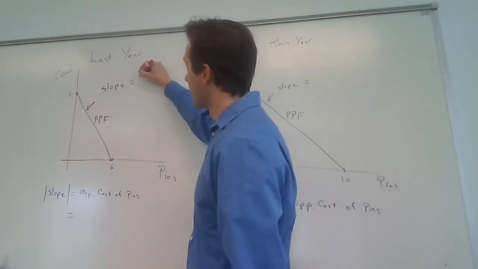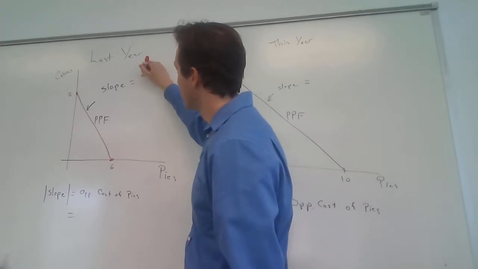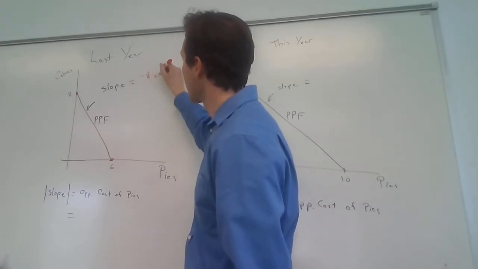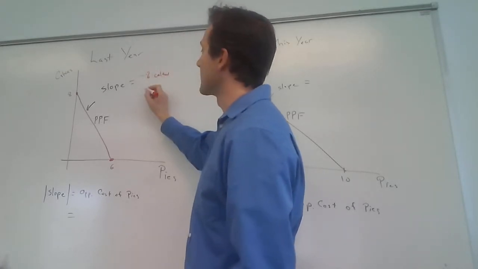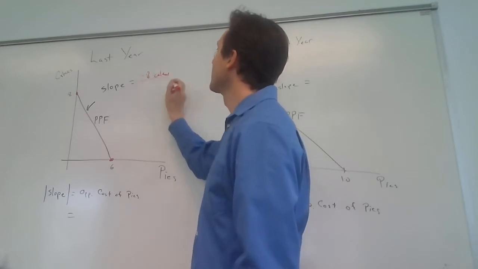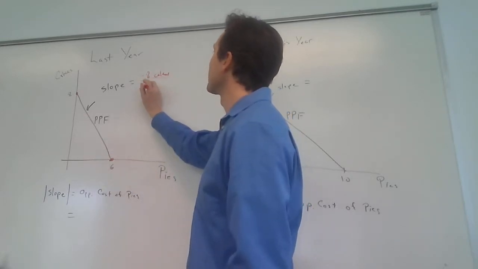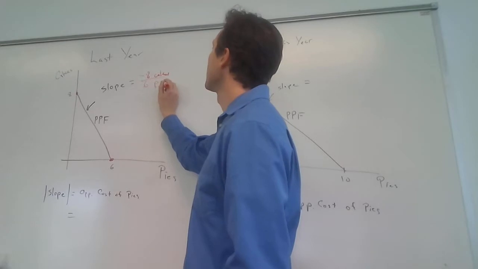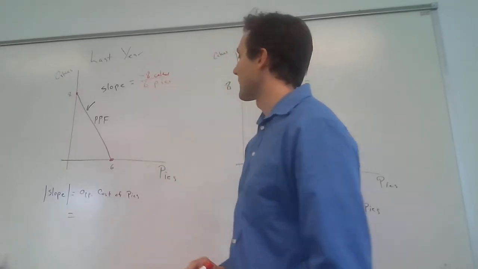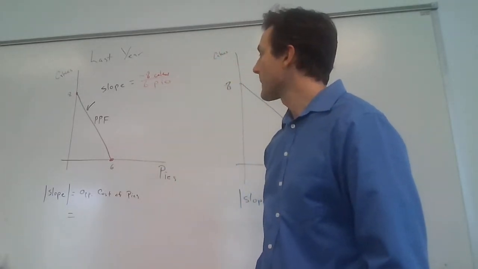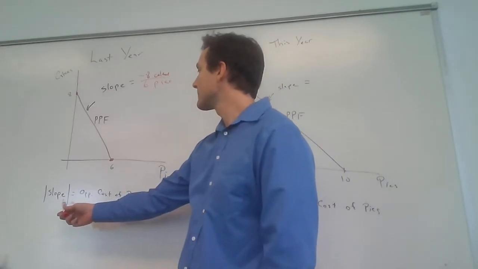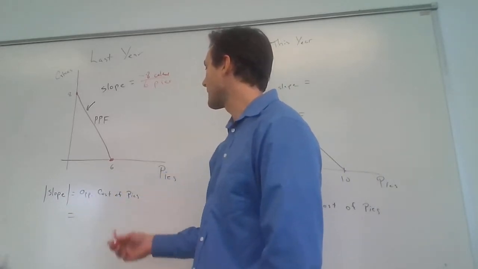So the slope is going to be a negative 8 cakes, keeping track of the units, negative 8 cakes divided by, well, you're gaining 6 pies, 6 pies. Okay, so the absolute value of the slope is equal to the opportunity cost of pies.